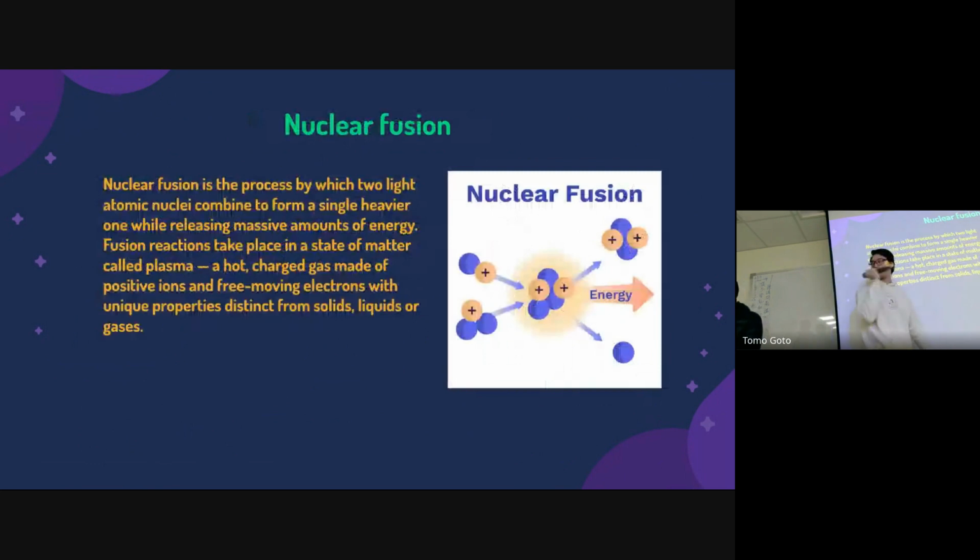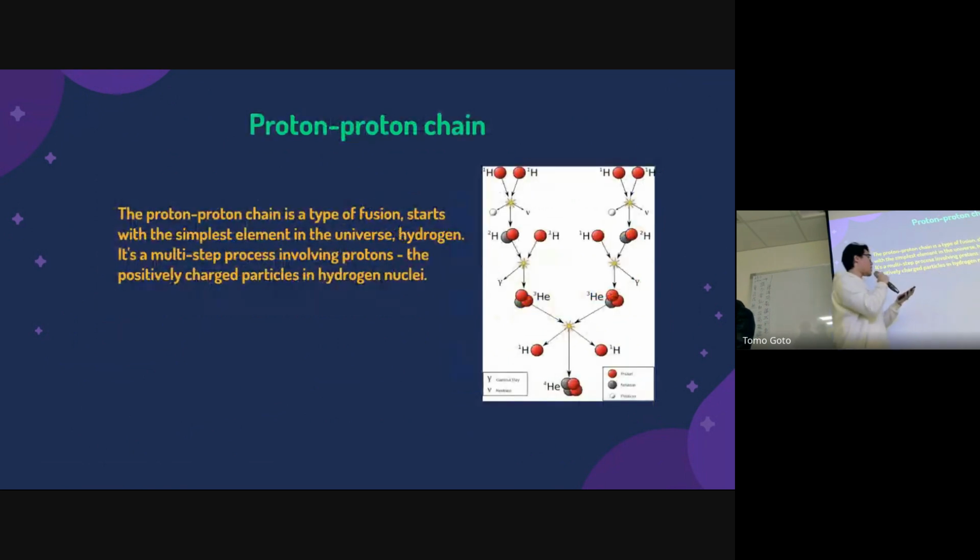And here is the graph for nuclear fusion. You can see that the two light nuclei combine into one heavier nucleus and release energy. Next is the proton-proton chain. In the proton-proton chain graph, hydrogen is fusing into helium by fusion reactions.